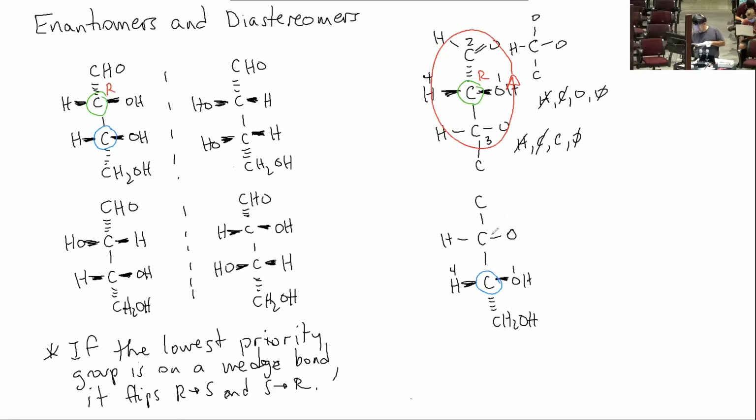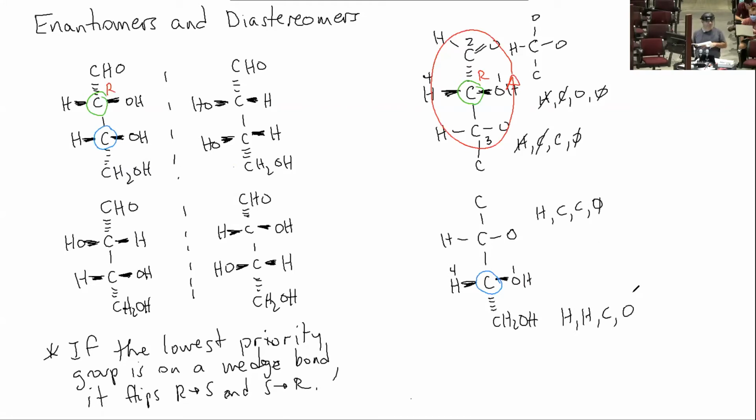So this carbon looks to me like it's attached to two carbons, an oxygen and a hydrogen. So I'll write H, C, C, O. Of course, it doesn't matter what order you write them in. Meanwhile, this carbon is attached to one carbon, two hydrogens, and an oxygen. So we're going to have two hydrogens, one carbon, and one oxygen.